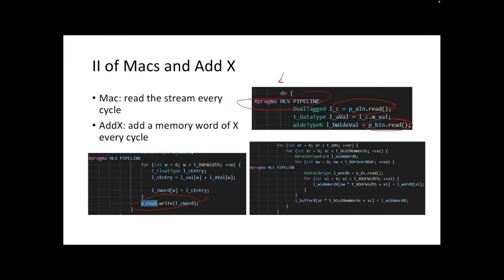Also here you write C out, which is also pipelined. And here you write the X out; after you add X, you write it out, also pipelined. So yes, in the operation, the II is 1. But it may be delayed because you don't have the data from DDR.